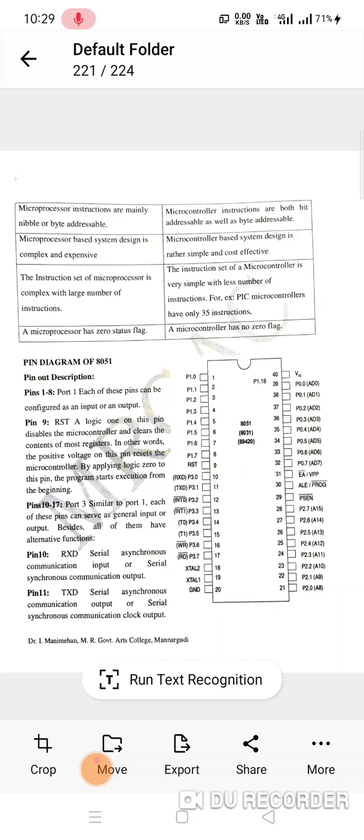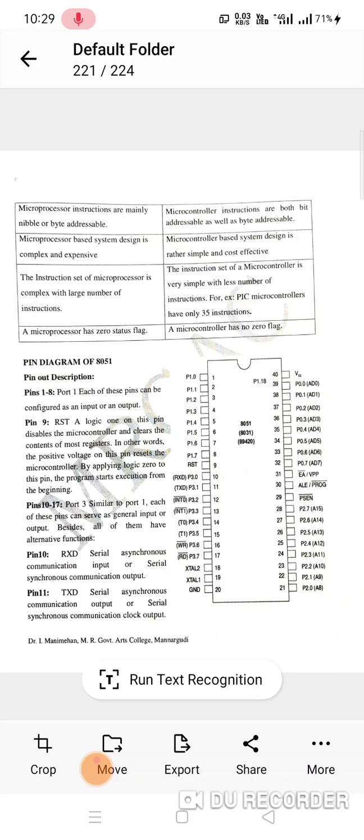And see, from pin number 21 to pin number 28, these are also multifunction pins. These are used for port 2, and they are also used for higher address lines. Okay, higher address lines.